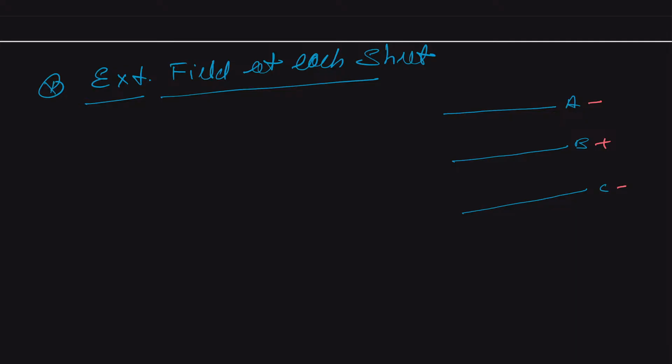Let us suppose we are dealing with sheet A first. The external field on sheet A will be because of the field of B and the electric field due to C. B has a positive charge density, so its field will be upward, and C has a negative charge density, so its field will be downward. Okay, that's our standard.